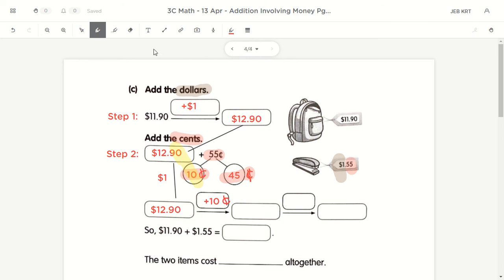So $12.90 plus 10 cents, quite straightforward, will give you $13. And then to $13, you add your 45 cents. Equals $13.45. So the answer is $13.45.